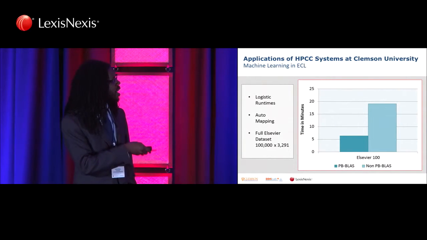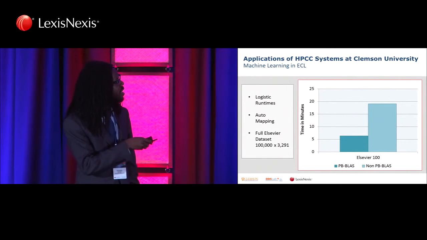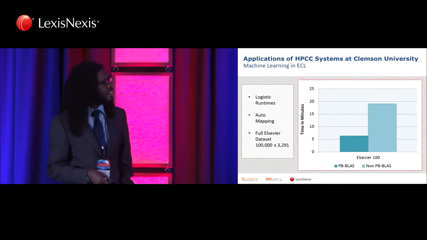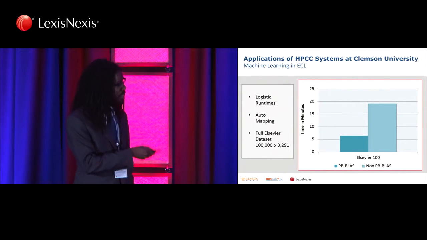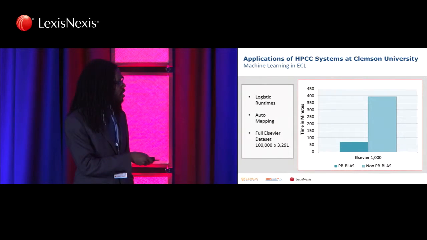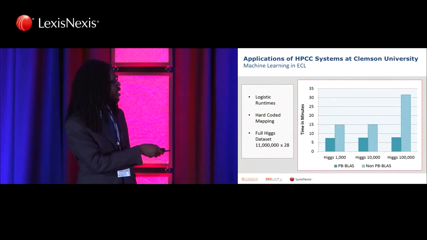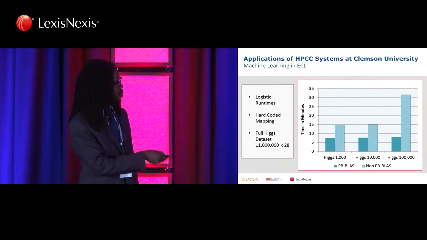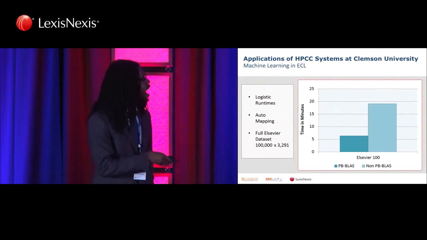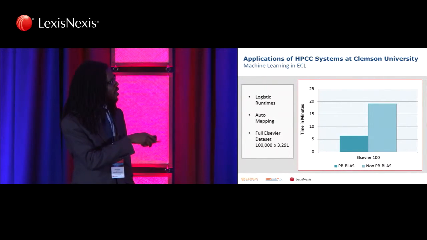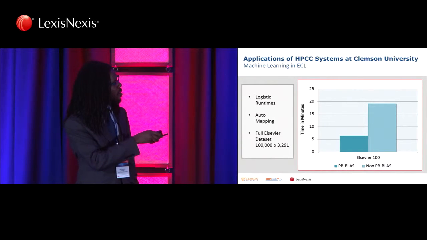And this is another experiment that I did with some Elsevier data that was available to me, and this is just for 100. What you can see with the auto mapping is we went from about 20 minutes to again around 6 minutes.